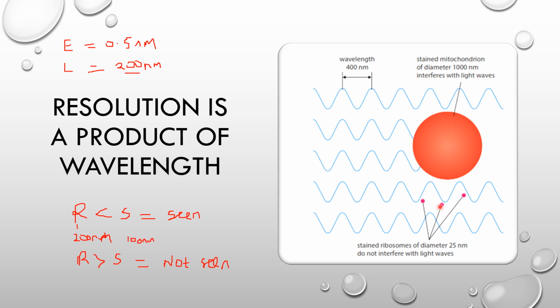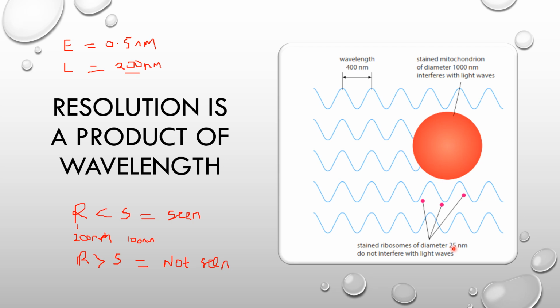The resolution of light microscope is 200 nanometers and the wavelength is 400 nanometers, so the resolution is bigger. As long as the resolution is bigger than the size, it cannot be seen. So light microscope cannot be used to see this structure whose size is 25 nanometers. Why?